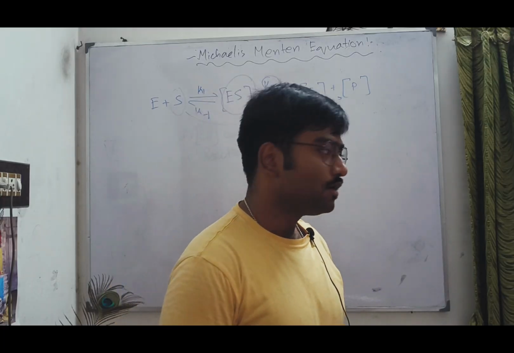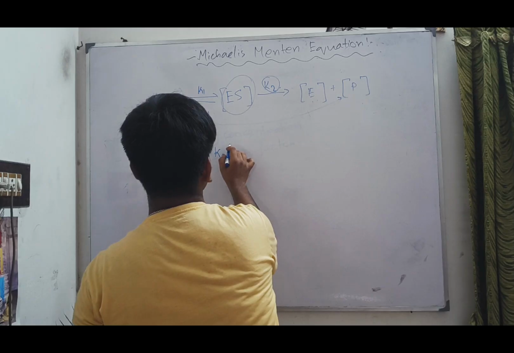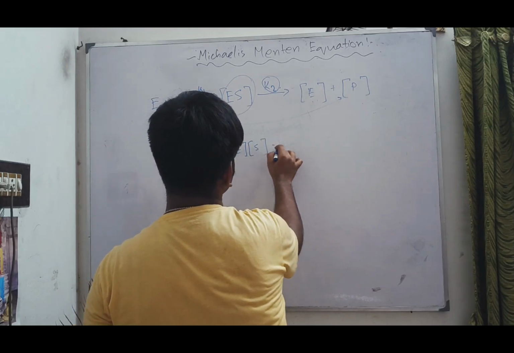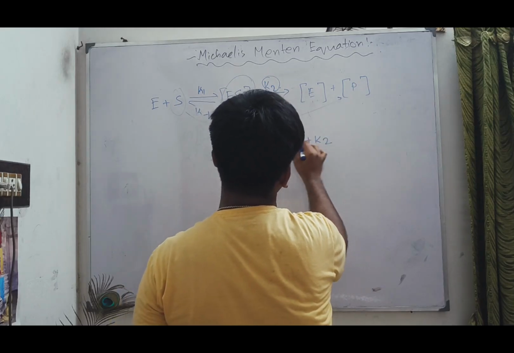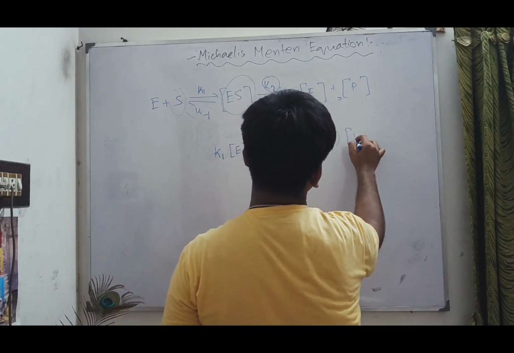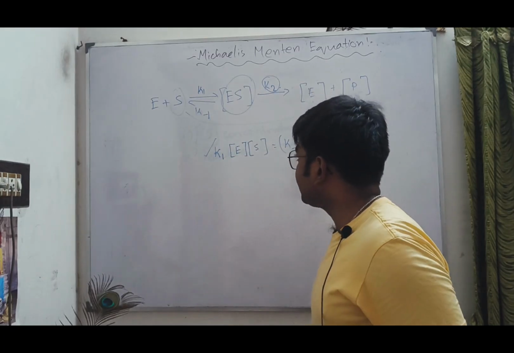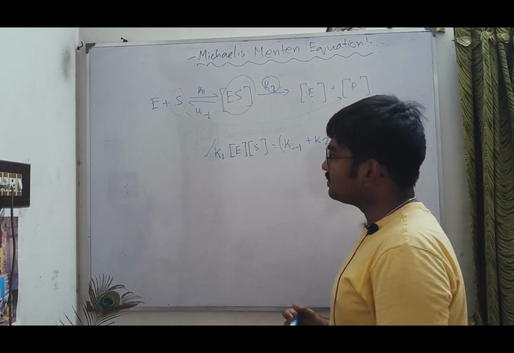Both are the same. So I can write it this way: k1 into E into S equals k minus 1 plus k2 into ES. Is it clear? This is the rate of formation and this is the rate of breakdown. Both are equal, yes or no?